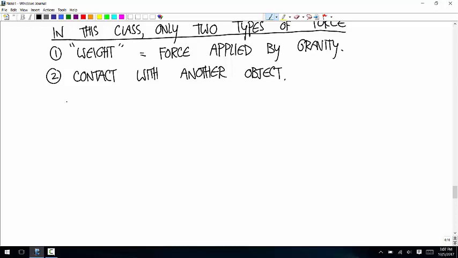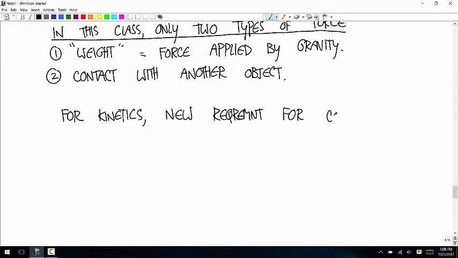But now for kinetics, there's a new requirement for coordinate systems. For doing the calculations in kinetics, coordinate systems must be what's called inertial.